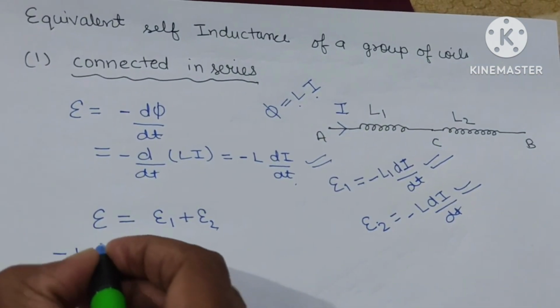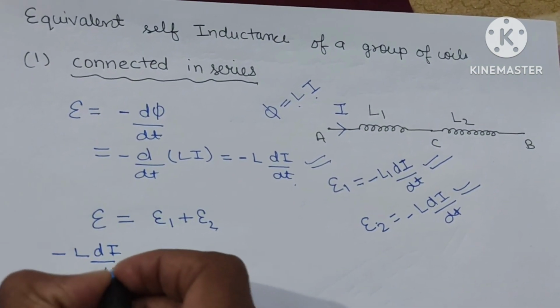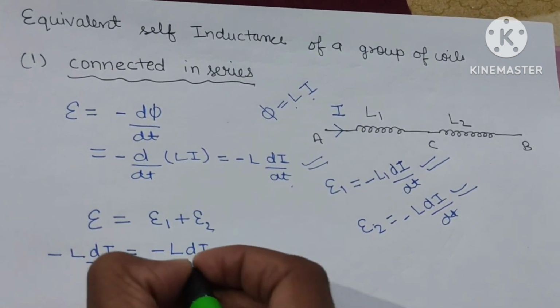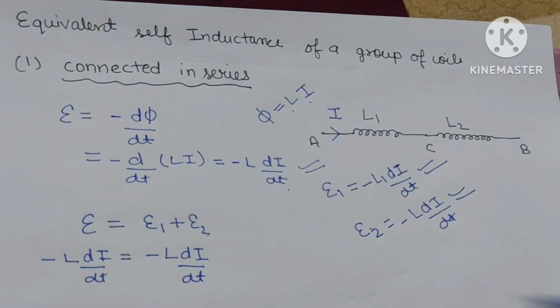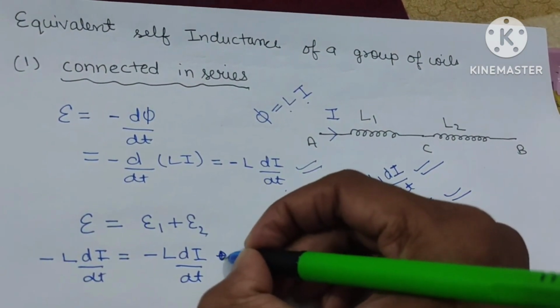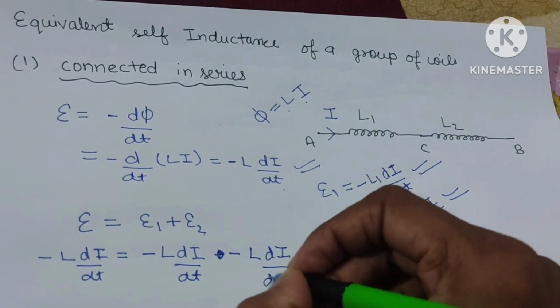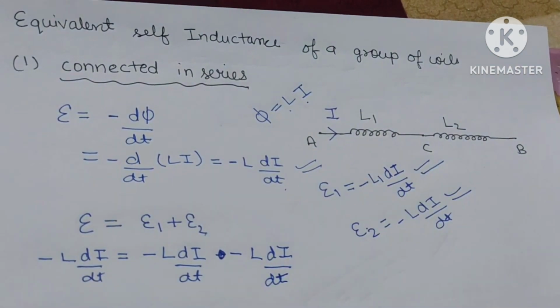So minus L di/dt equals minus L1 di/dt minus L2 di/dt.